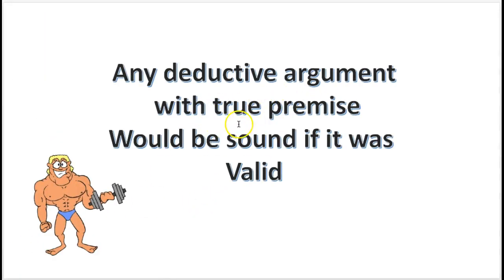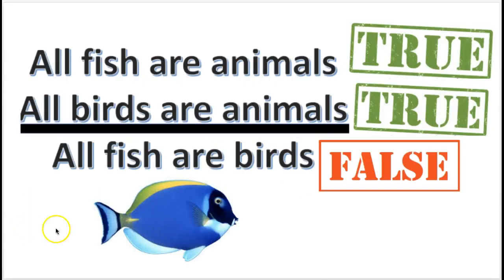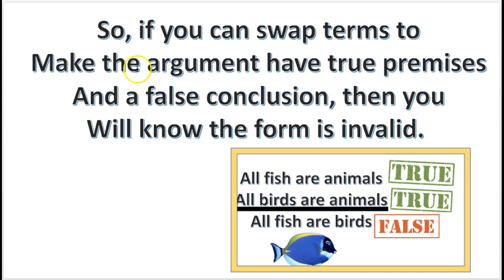So you want to get this, true premises, false conclusion, by substituting the terms. If you can swap the terms to make an argument have true premises and a false conclusion, then you will know that the argument form is invalid. You can prove that it's invalid.